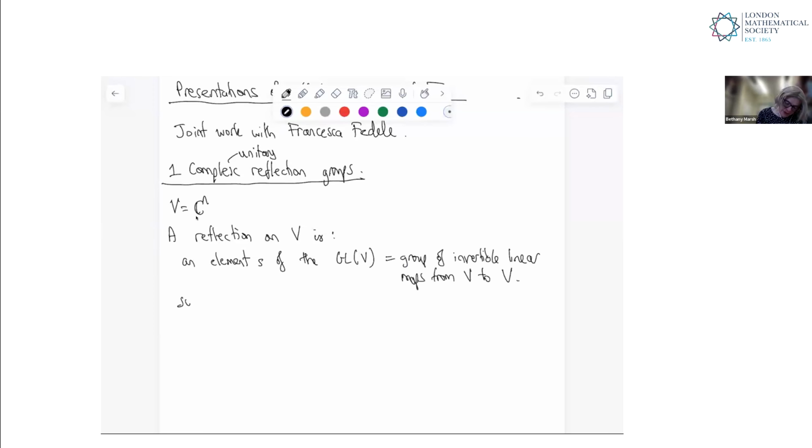And what it must do is, as before, fix a hyperplane pointwise. We'll call the hyperplane H_S, as in Francesca's talk. So it fixes a hyperplane H_S pointwise. And in this more general context, we ask for it to have finite order.